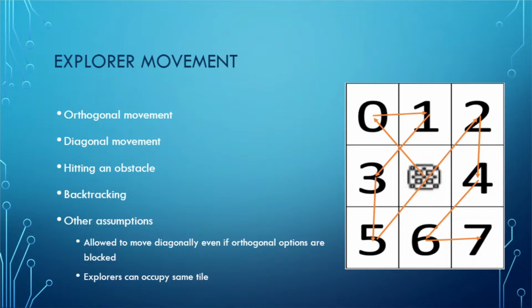These include both orthogonal and diagonal movement. If the explorer moves orthogonally, it has a cost of 1 unit. If it moves diagonally, it has a cost of square root of 2 units. If the explorer tries moving and hits an obstacle, the cost is 0 units. This is because the tile that the explorer is in can be seen as the same size as the explorer.